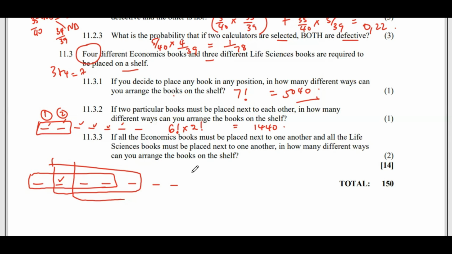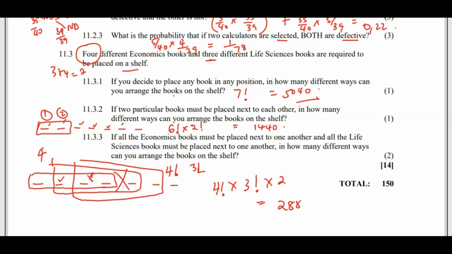And then the 2 blocks can switch within themselves. So it's 4 factorial within the economics books times 3 factorial within the life science books times 2. And then when I multiply that together, I'm getting 288.